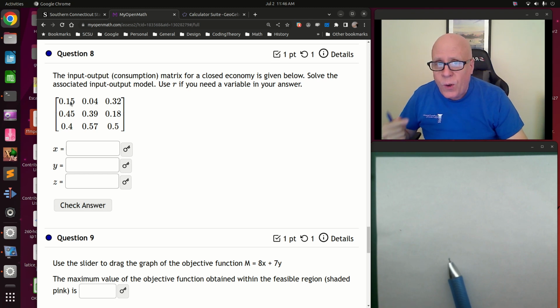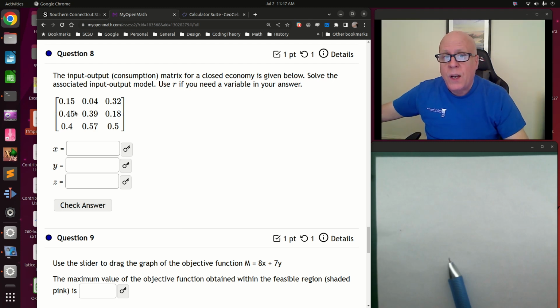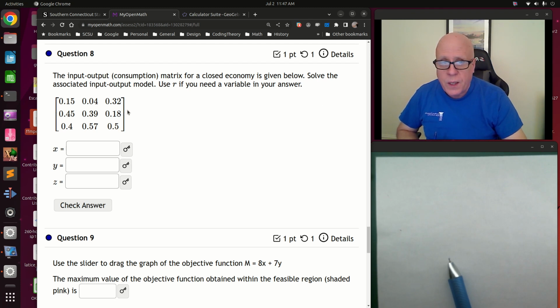This means that all of the output from the first section of the economy is getting used up by these three economic sections. That is, there's nothing left for somebody else outside of the system. That makes this a closed system. Notice that these numbers all add up to 1 as well, and also those numbers all add up to 1.